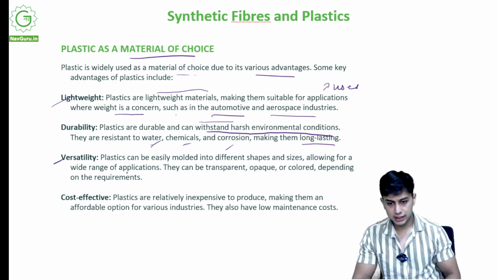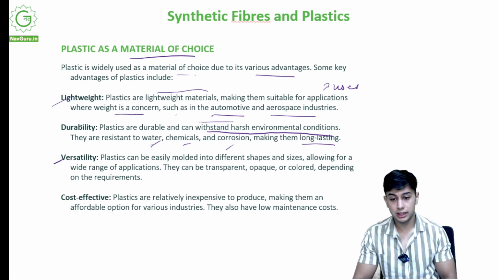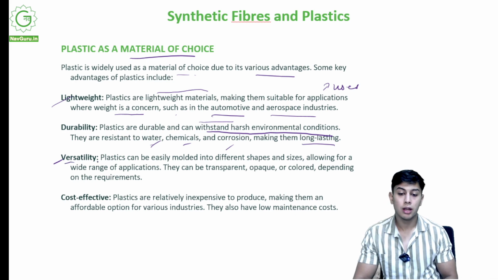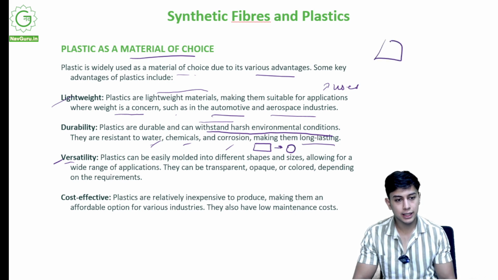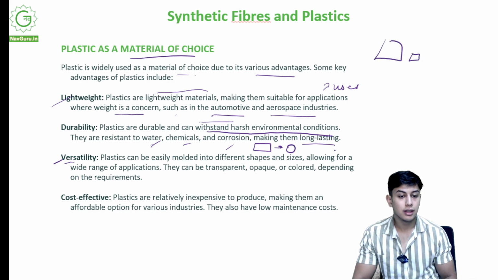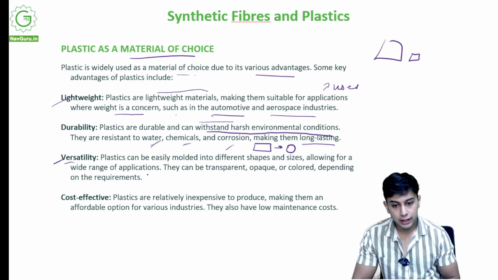Now I come to versatility. Plastics can be easily molded into different shapes and sizes. Supposedly it was in this shape, now I can convert it to this shape. I can increase the size, I can decrease the size, allowing for a wide range of applications.